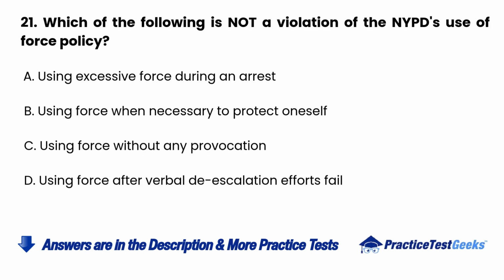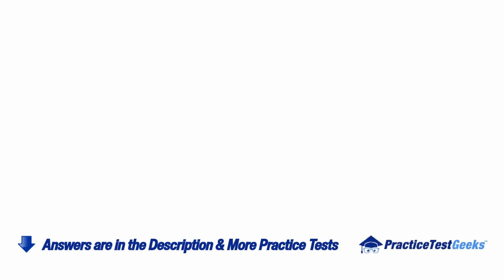Which of the following is not a violation of the NYPD's use of force policy? A. Using excessive force during an arrest. B. Using force when necessary to protect oneself. C. Using force without any provocation. D. Using force after verbal de-escalation efforts fail.